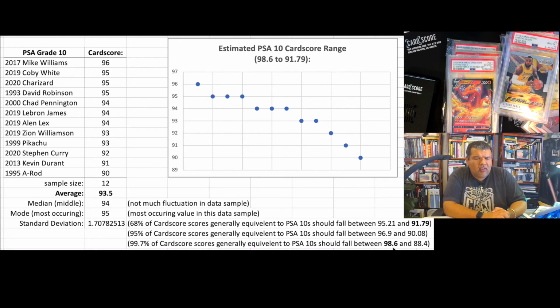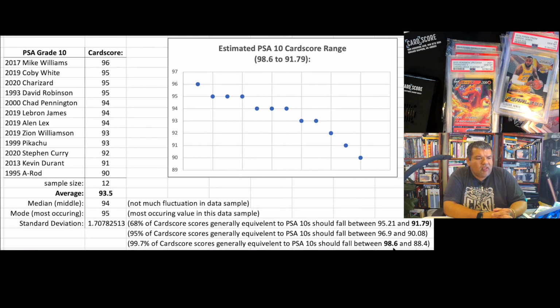Certainly on the lower end, I would keep it in that 91, 92-ish range, where a Cardscore in that 91, 92 range is probably going to be the lower end of a PSA 10 range.